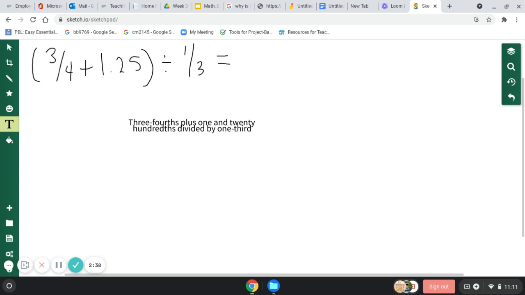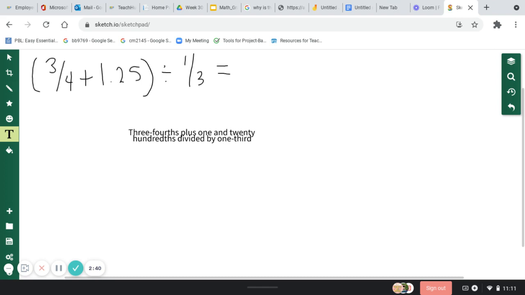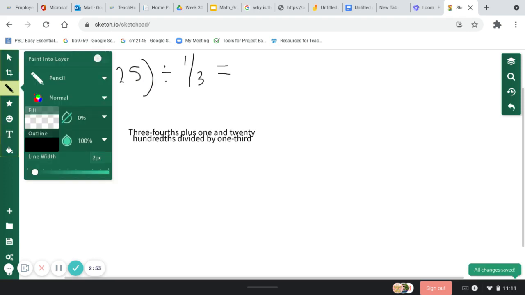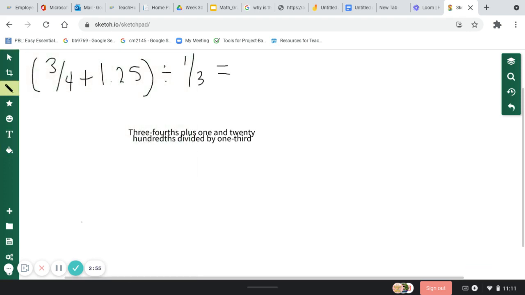Now, in order for us to evaluate this problem, the first thing that we're going to do is concentrate on what is happening in these parentheses. So in the parentheses, as you see, we have 3/4 plus 1 and 25 hundredths. So we need to add those two amounts. However, we have two separate quantities in two different formats.